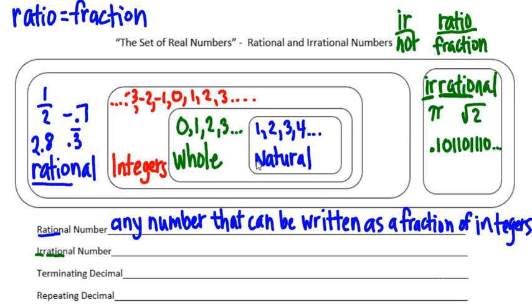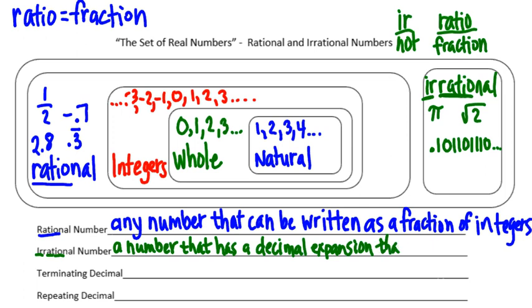Okay, so an irrational number, ratio, is a number that has a decimal expansion that is, and I'm going to run on to the next line here, but it kind of goes with this next stuff, non-terminating and non-repeating.